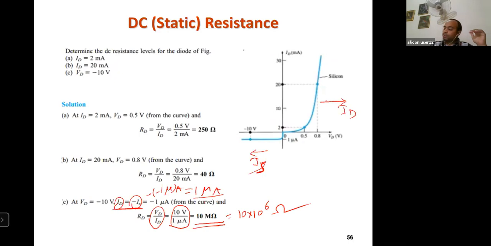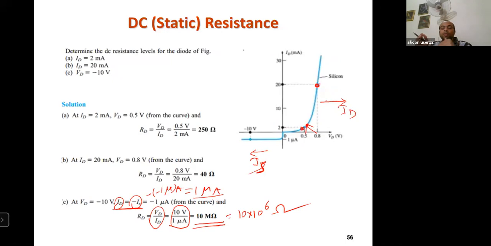Okay, and also we know that after this knee point, the resistance will be less, it is starting to allow current to flow. That means resistance is dropping. So here we are getting less resistance compared to this point. This problem is meant to explain how the resistance at different points is changing in the diode.